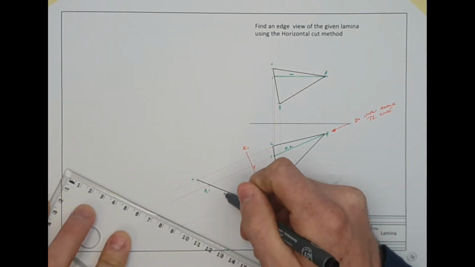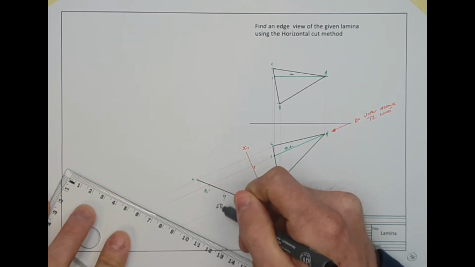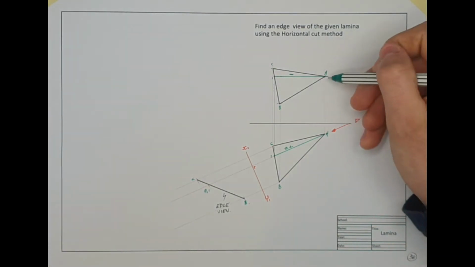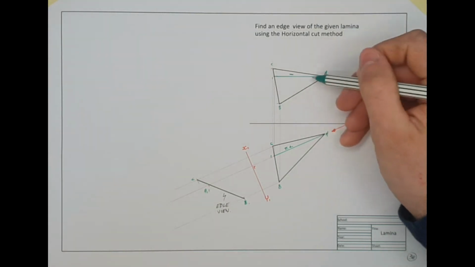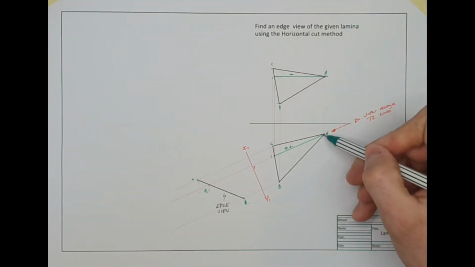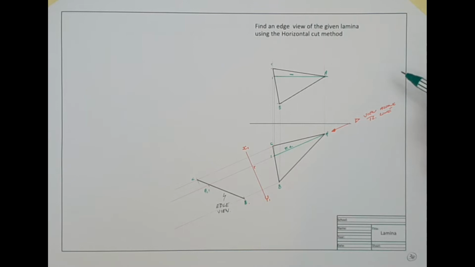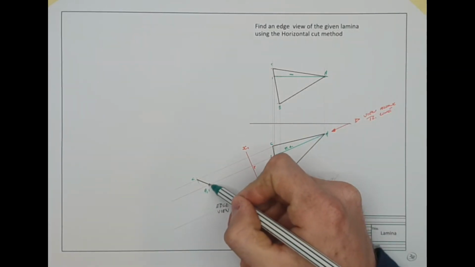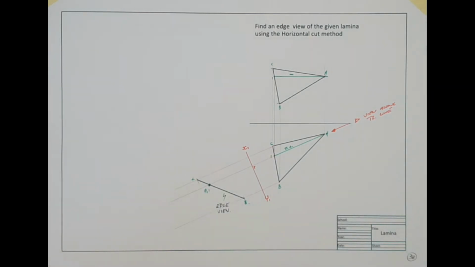Okay, so there's my edge view. Now, that is the edge view of a plane using the horizontal cut. So cut the object horizontally here in the elevation, and that horizontal cut is going to appear as a true length down in plan. View along the true length line, and the line becomes a point, and the plane becomes an edge view.